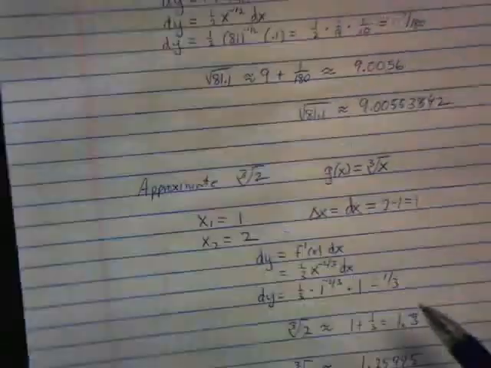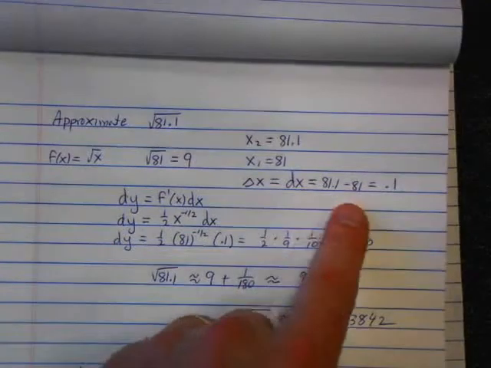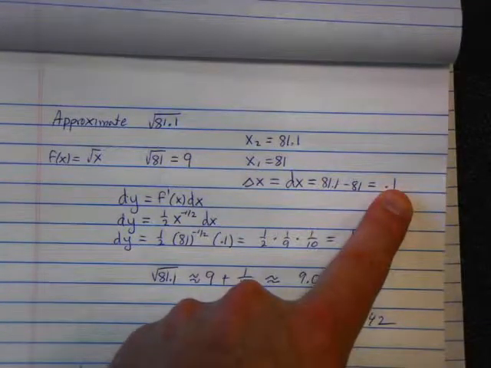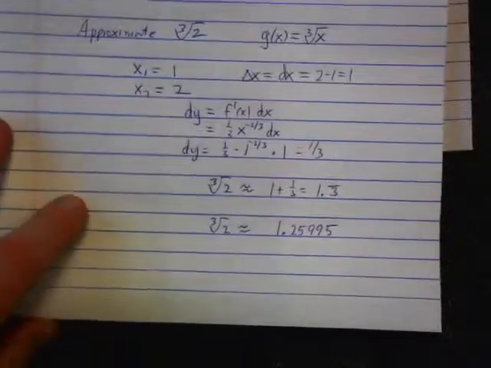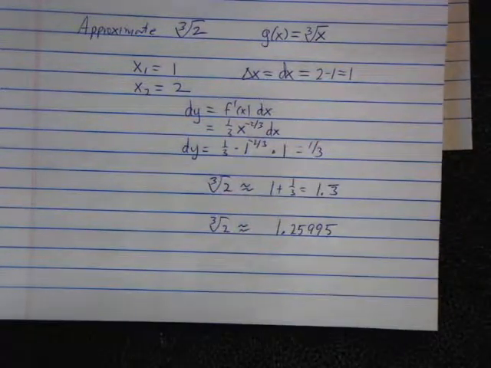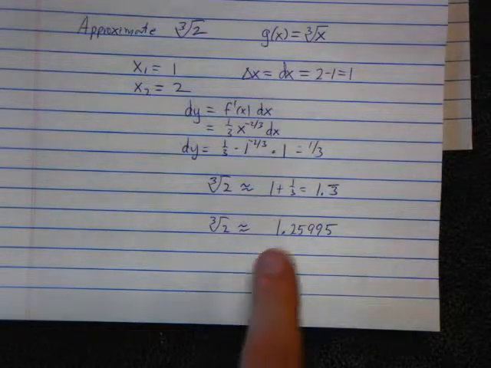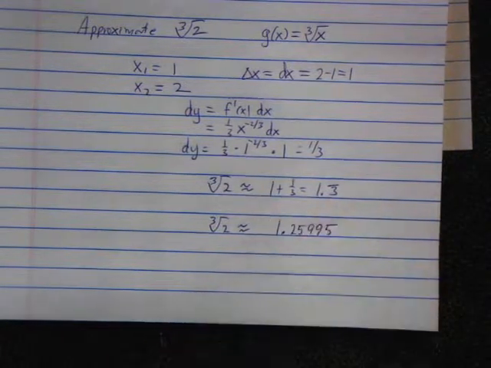Yeah, you got the right idea. For the first example, our delta x was 0.1, where for this example, our delta x was 1. The smaller the delta x value, the better the approximation. Still not too bad, though, if you think about it. It's still good to one decimal place as an approximation.